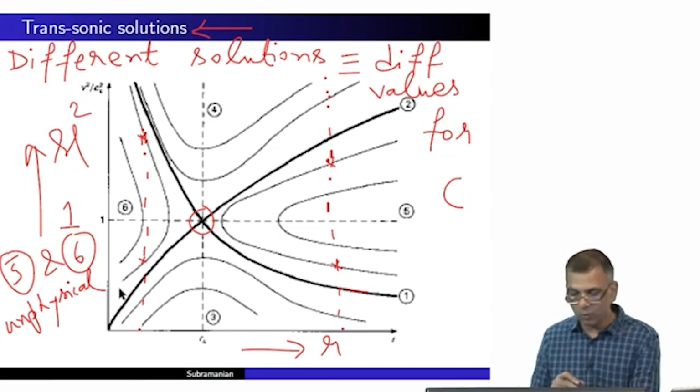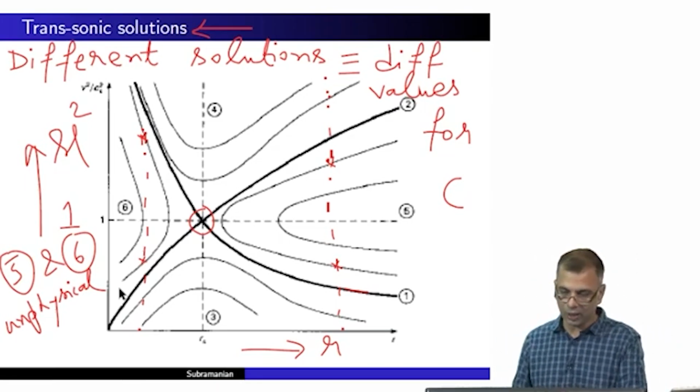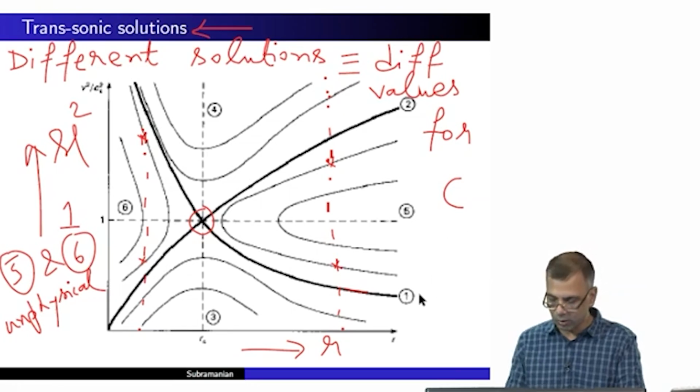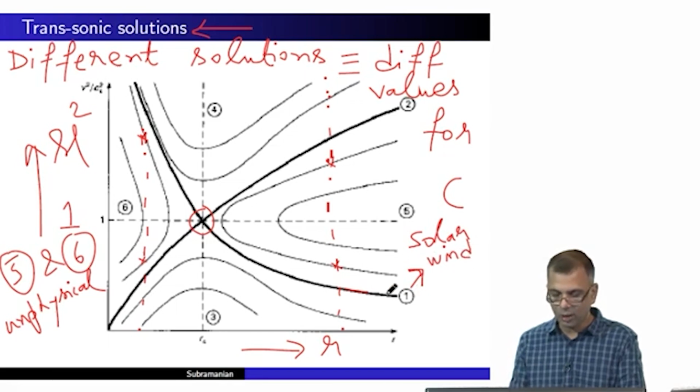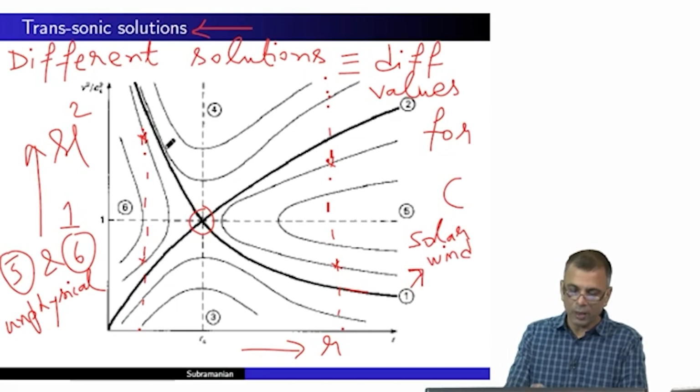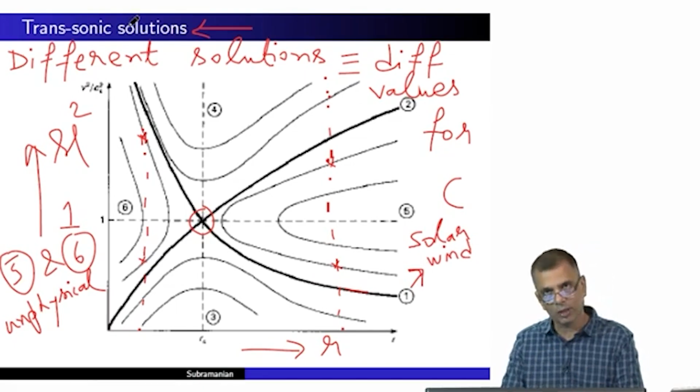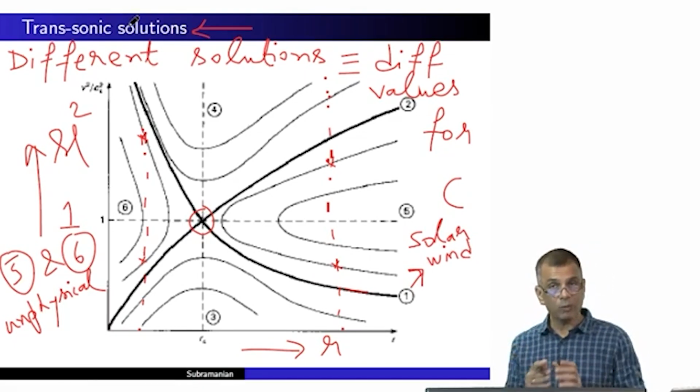In particular, we will explore solutions of the kind 1. So, solutions of the kind 1 would correspond to, say, the solar wind. Solutions that start out subsonic, pass through the sonic point and go on to become supersonic. Except we are talking about outflows here.